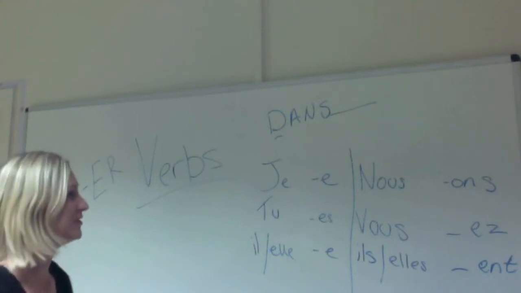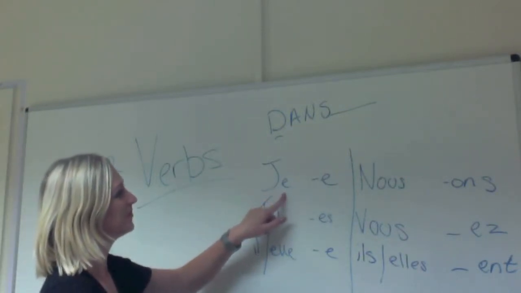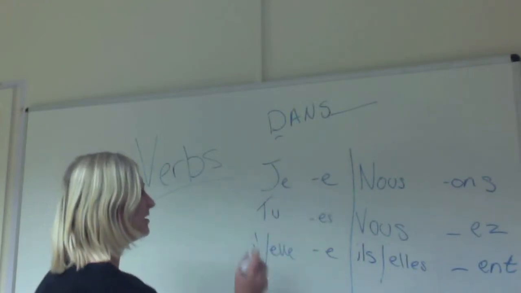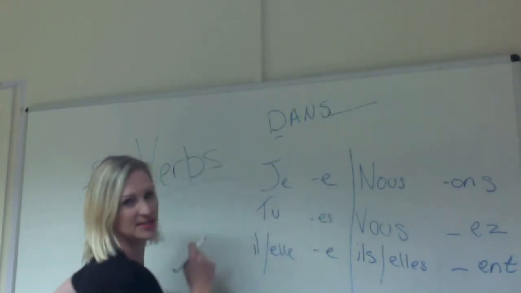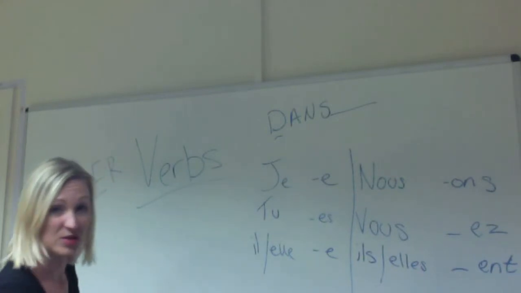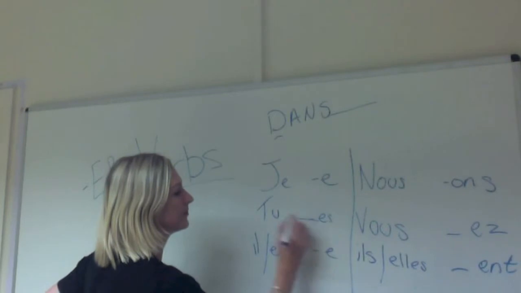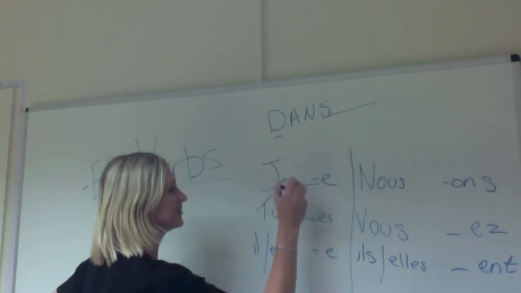If you dance yourself, you say je danse with an E on the end. Je danse. If you're saying to you, my friend, or you, my child, are you dancing today? Tu danses. Let's fill these in.